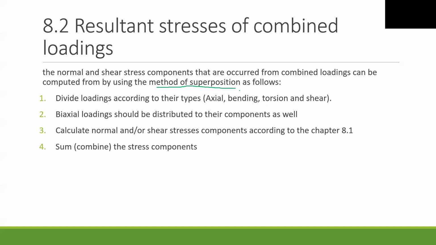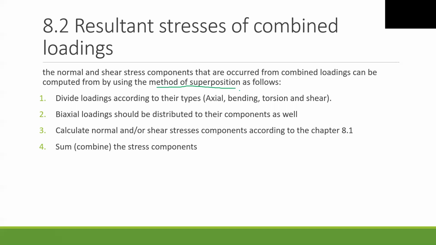Then we try to find the stresses from this loading. Also, for biaxial loadings, if I have a moment about the x-axis or the y-axis, we can also divide the moments. Then we calculate the normal or shear stresses due to this loading.